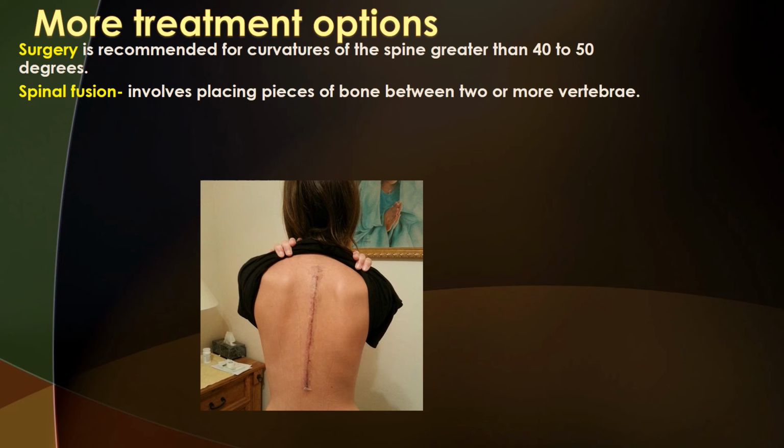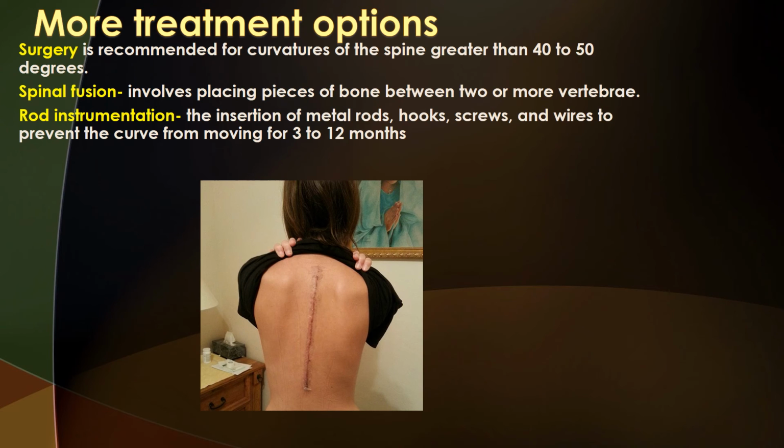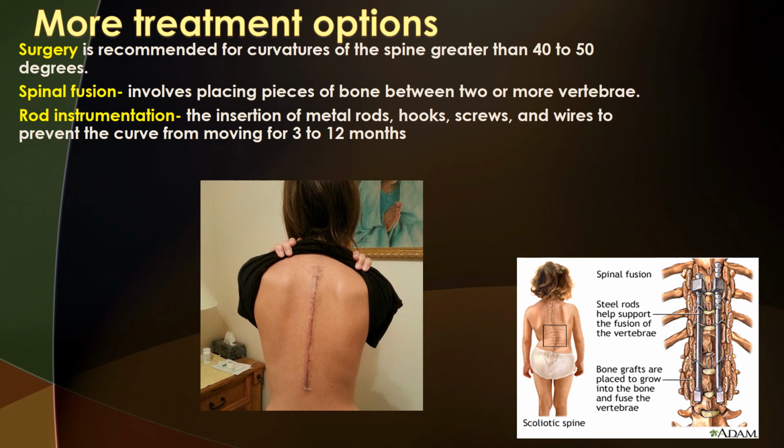They take the bone sections from the pelvis or the rib to do the spinal fusion. And the rod instrumentation, the insertion of metal rods, hooks, screws, and wires, prevents the curve from moving for 3 to 12 months. This allows the spinal fusion to solidify.